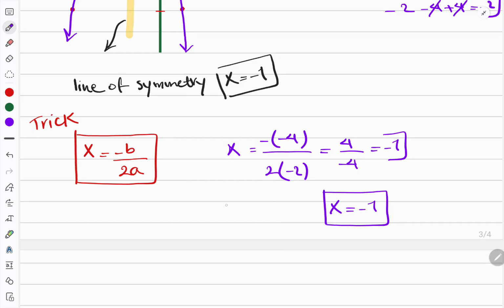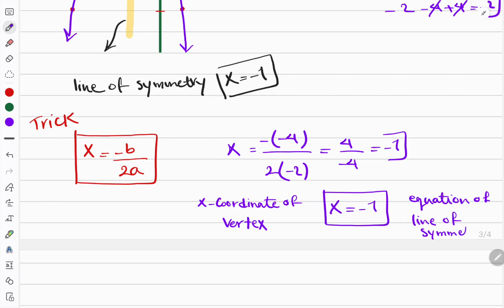In fact, this is the x coordinate of vertex, or the equation of line of symmetry. So by using this formula, this trick, you can hit 2 birds with only 1 stone.